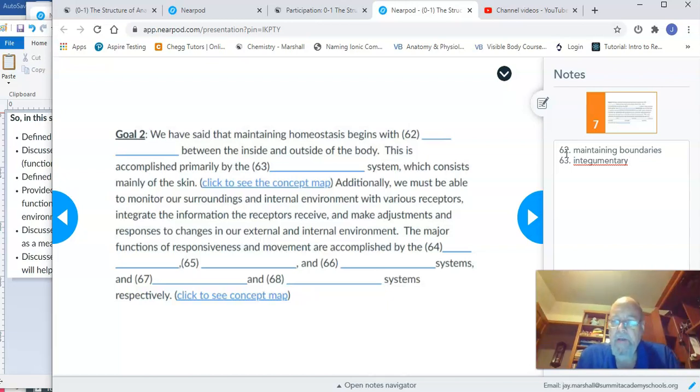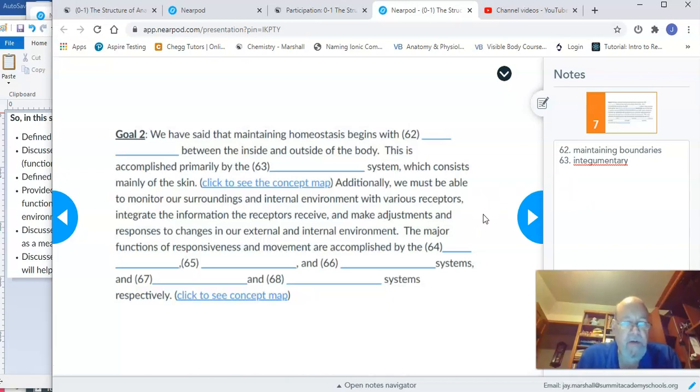Recognize the root here: integumentary, integer, or integrity. The word integrity comes from the same root. So we can picture that the integumentary system maintains the integrity of the body.